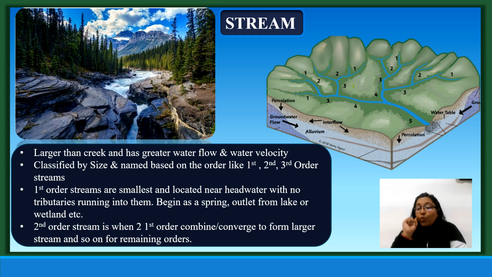The lowest order will be closer to the headwater region, and the headwater region is where the streams originate. If a stream is originating from a glacier, the first flowing water channel that originates from that area, we call that the smallest stream order 1. And then slowly and steadily the number increases as different streams come together and join each other, increasing the volume and water velocity.